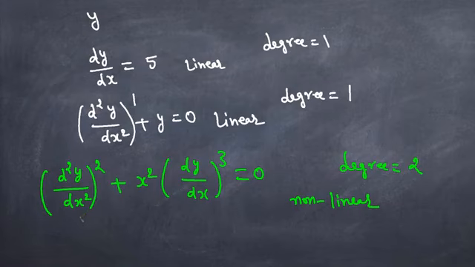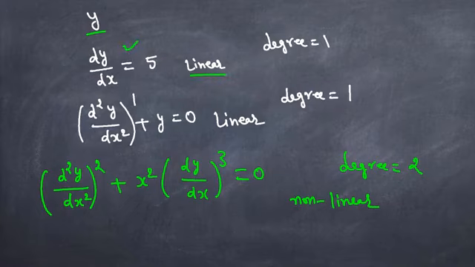Again, the definition: a differential equation is said to be linear if the unknown function, let's say y, and its derivatives are in first degree and are not multiplied together. So in this case, the derivative is in first degree, and either the function or its derivative is not multiplied anywhere, so linear.